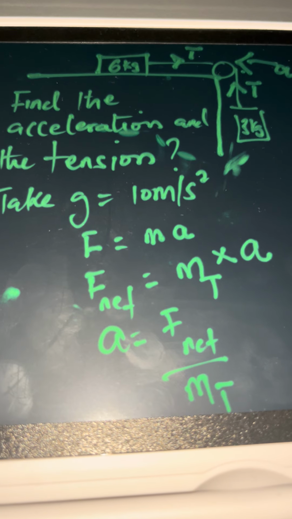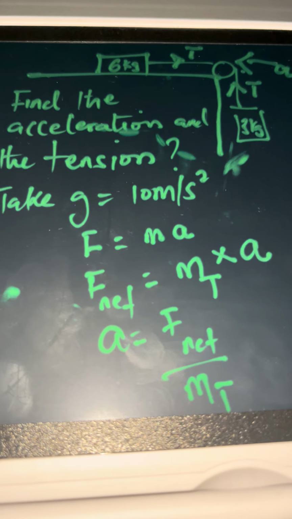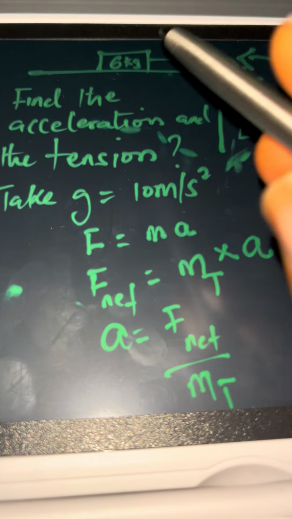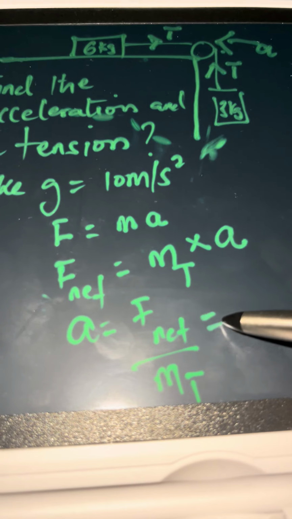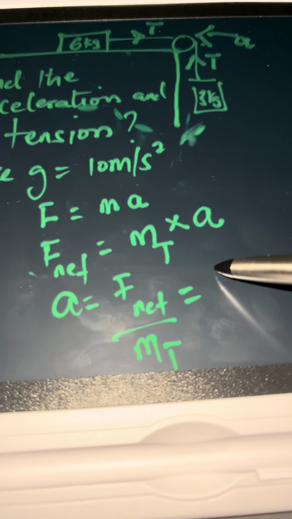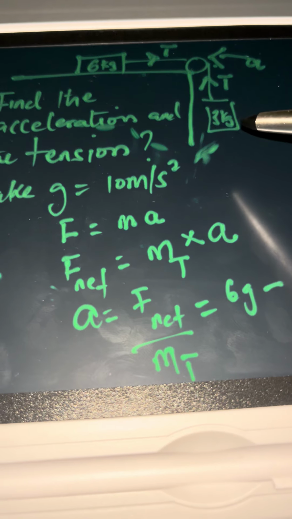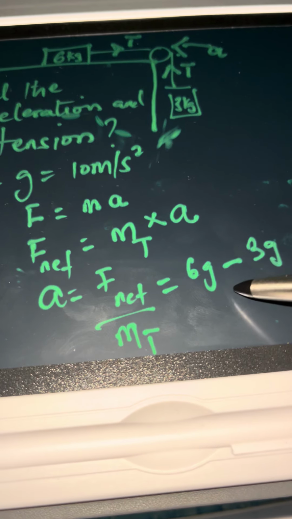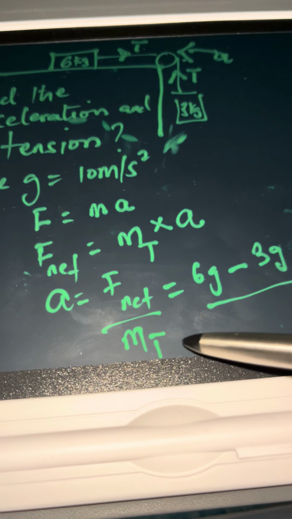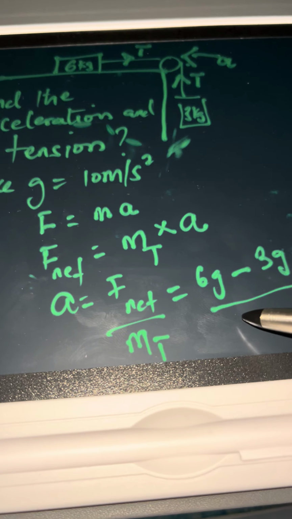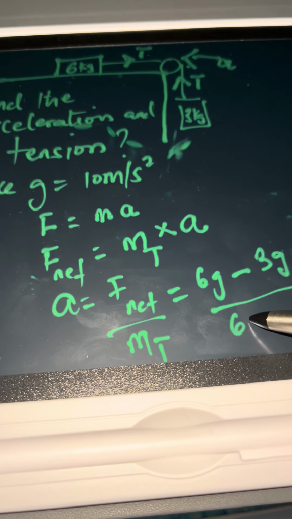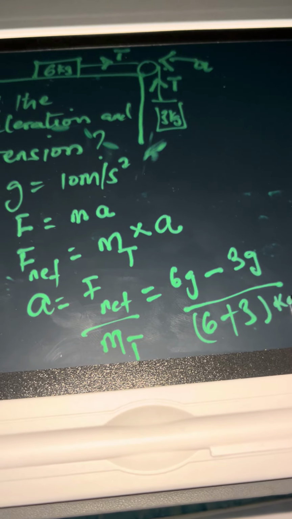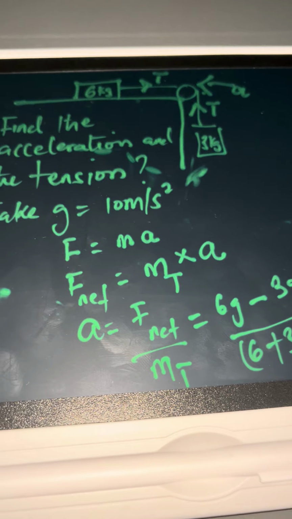The weight force is the force of gravity on each of the masses. The force of gravity on the 6 kilogram is 6g, minus the force of gravity on the 3 kilogram, which is 3g, over total mass 6 plus 3. That is 6 plus 3, everything in kg.